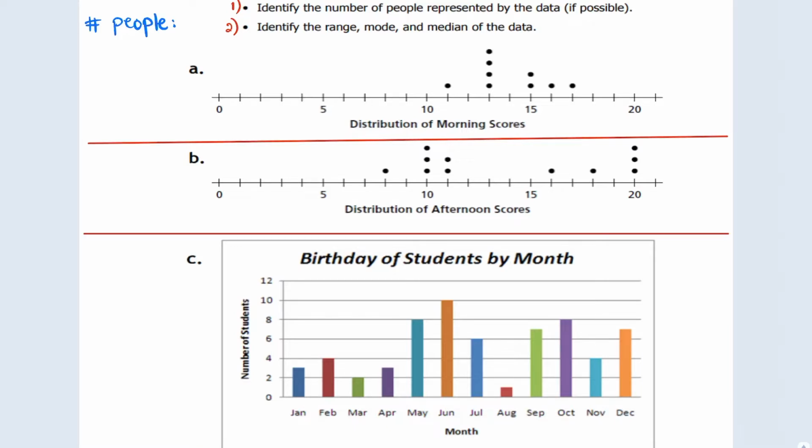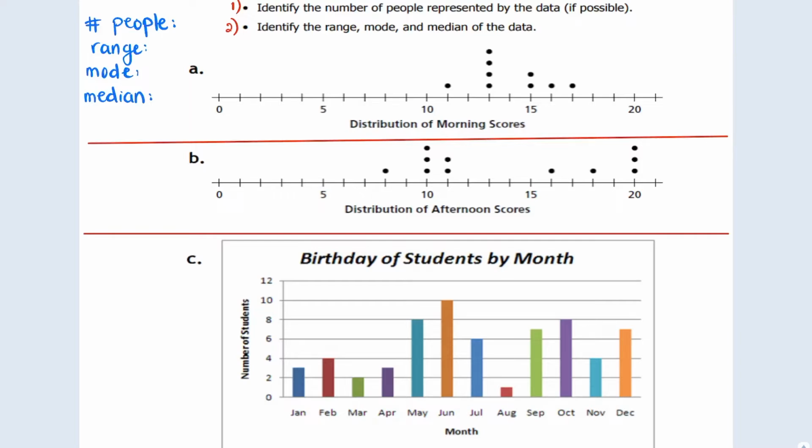After that, I need to find the range of my data, the mode of my data, and then the median of my data. I'm going to do this for all 3 graphs: graph A, graph B, and graph C. Okay, so let's take a look.